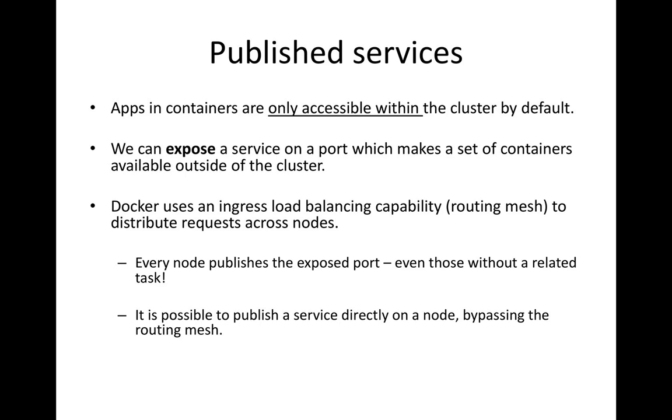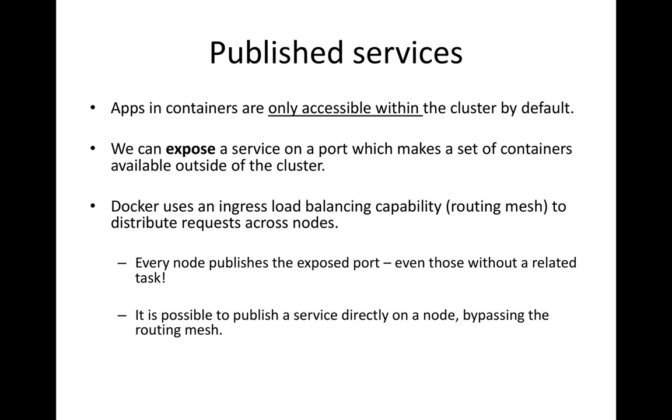Why that's really useful is that we don't need to know where a service and its containers are actually running in a Swarm cluster. We can simply use something like an elastic load balancer that's listening on a particular port, like let's say port 80 for HTTP traffic, and our elastic load balancer can distribute that port 80 request to any one of the nodes in our cluster.